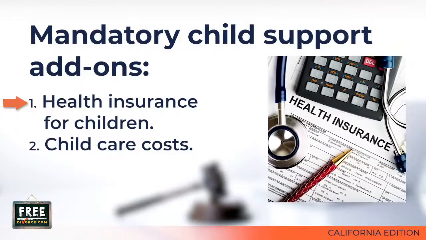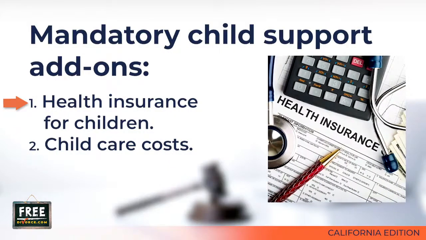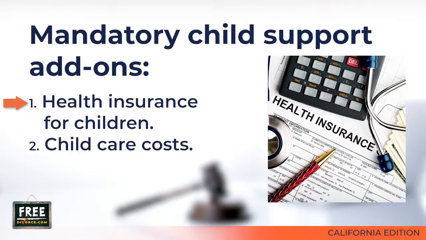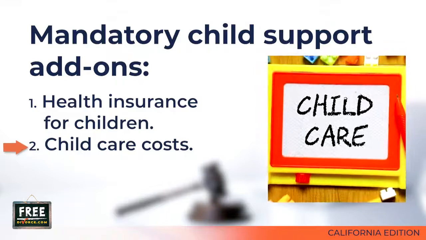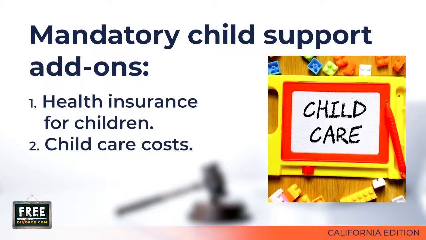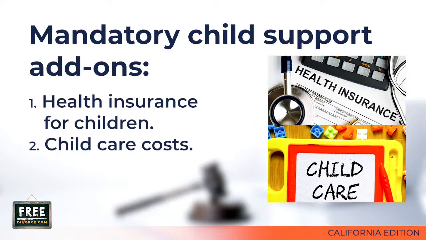Number 1, which parent will provide health insurance coverage for the children, including how out-of-pocket healthcare costs are to be shared. And 2, how child care costs are to be shared. At the hearing, make sure the judge addresses these 2 mandatory add-on issues. Sometimes judges overlook these add-ons.